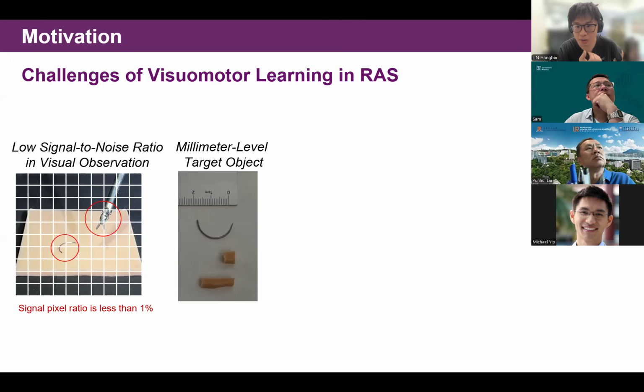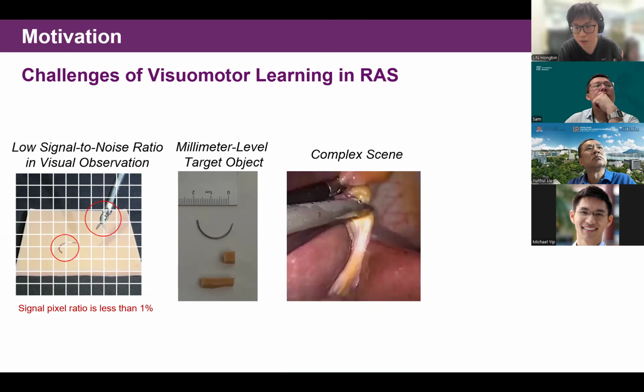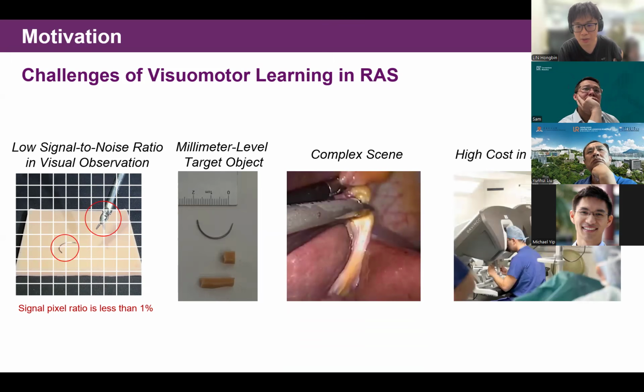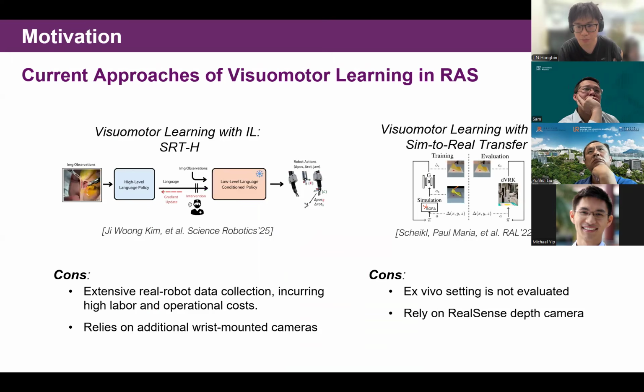Second, surgical grasping requires millimeter-level precision and a safe trajectory to prevent tissue damage. Third, the surgical environment is significantly more complex, with patient-specific anatomy, dynamic scene changes, frequent visual occlusion, as well as unpredictable tissue dynamics. These change both the perception and the control. Lastly, data collection in surgical robots has a high cost in human labor and operation.